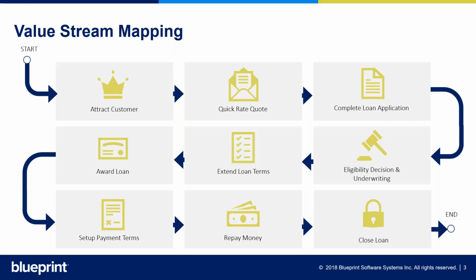And the best way to do that is to go through a value stream mapping exercise, which basically means looking at the point a customer requests one of your products or services, all the internal steps, all the external steps that have to happen in order to fulfill that customer request.